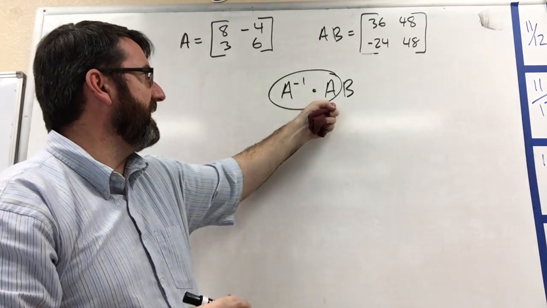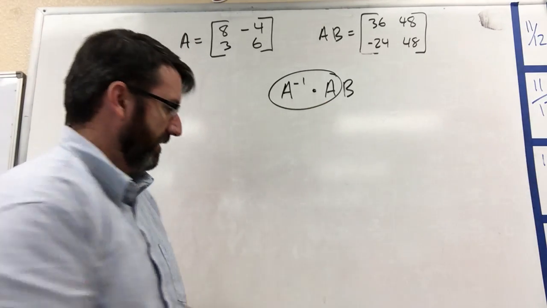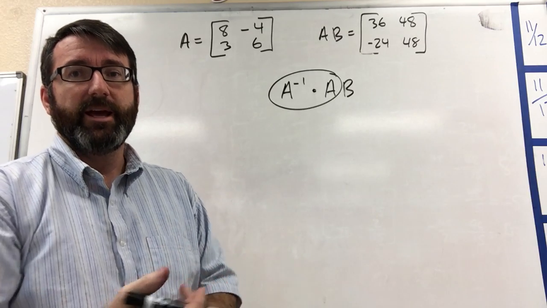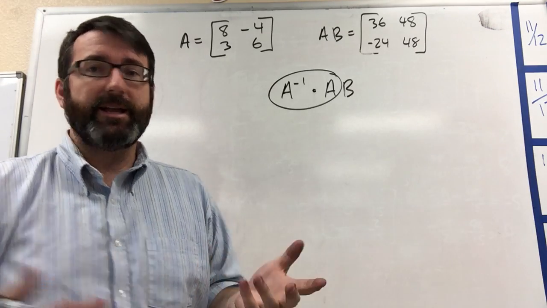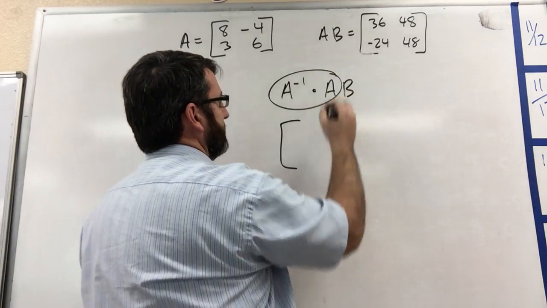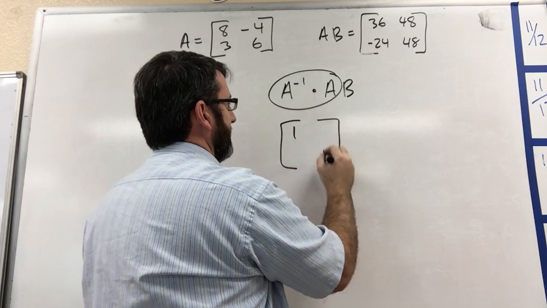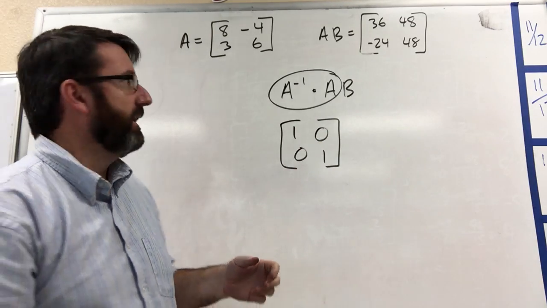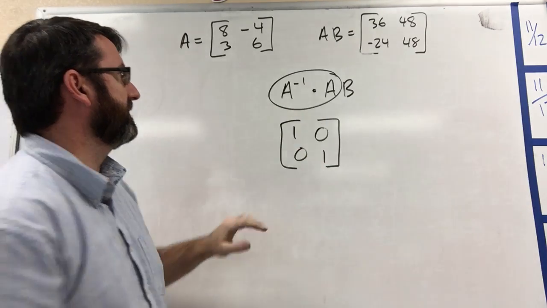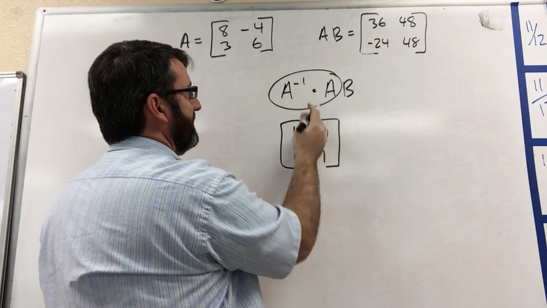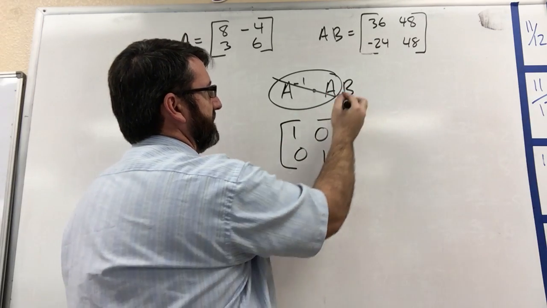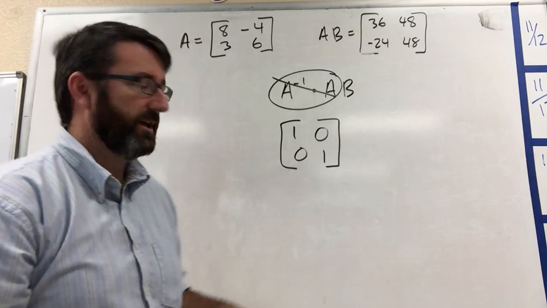A matrix times its inverse, or the inverse times the original matrix, either way you do it, it's going to equal the identity matrix, which in the case of a 2 by 2 is this. It's the matrix equivalent of 1. And so essentially what's going to happen is when we multiply these, this is now just 1. So these are going to cancel out, and you're left with B.